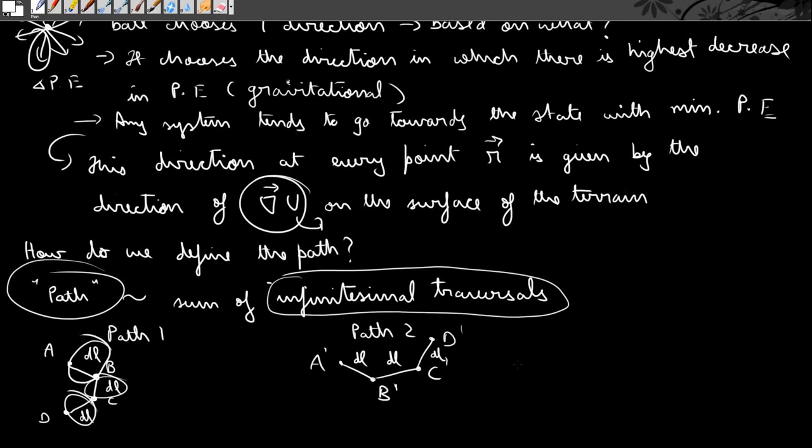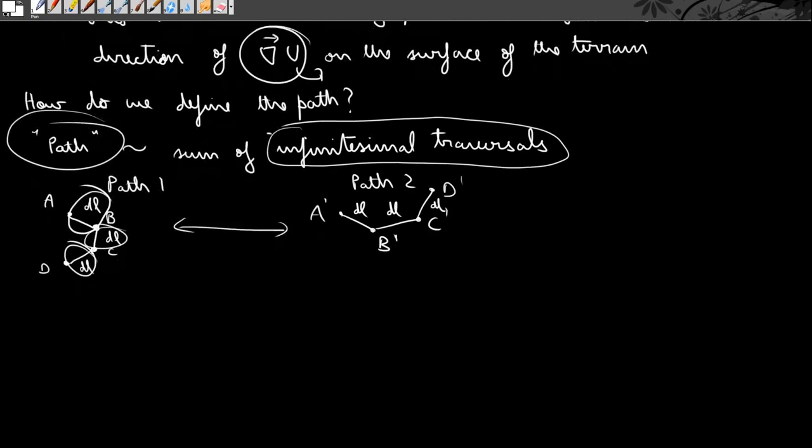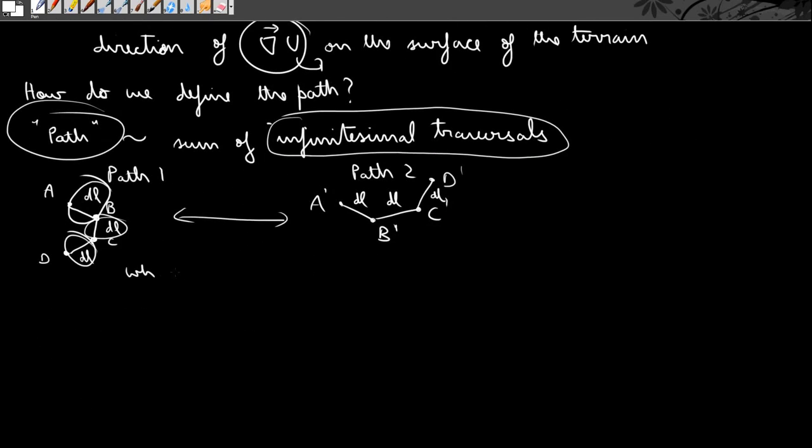So good, now we have a sense of how to define the path, but how do we differentiate between them? What is the difference between path 1 and path 2?